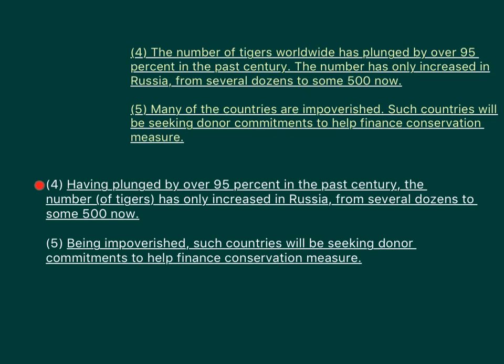Having plunged by over 95% in the past century, the number of tigers has only increased in Russia, from several dozens to some 500 now. Number 5. Being impoverished, such countries will be seeking donor commitments to help finance conservation measures.